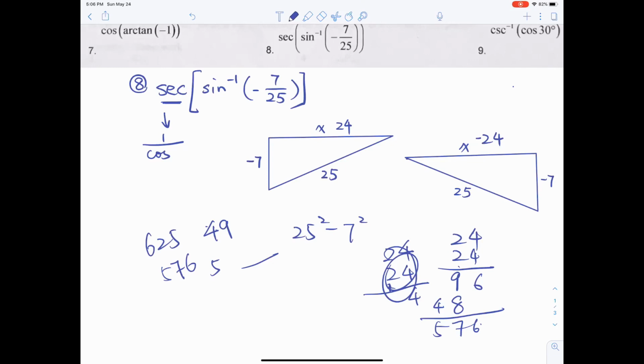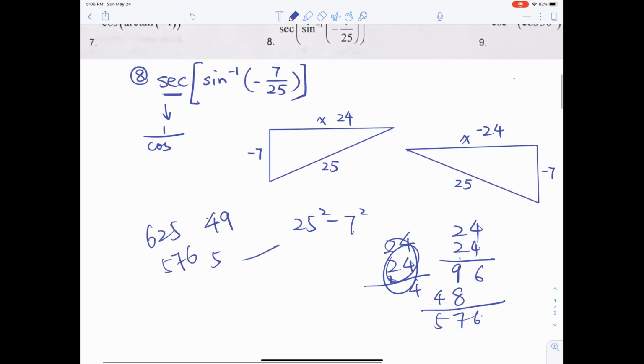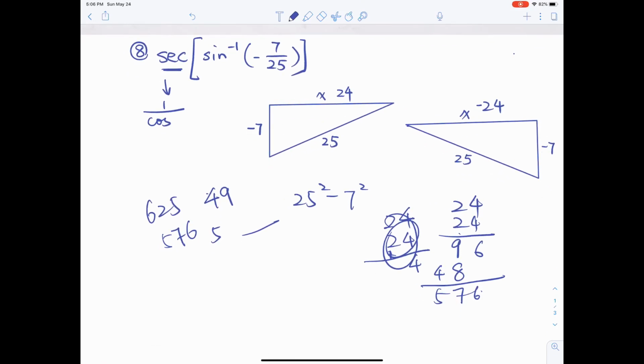Both are correct. So secant is the opposite of cosine. Cosine of alpha equal to 24 over 25, so secant is 25 over 24.